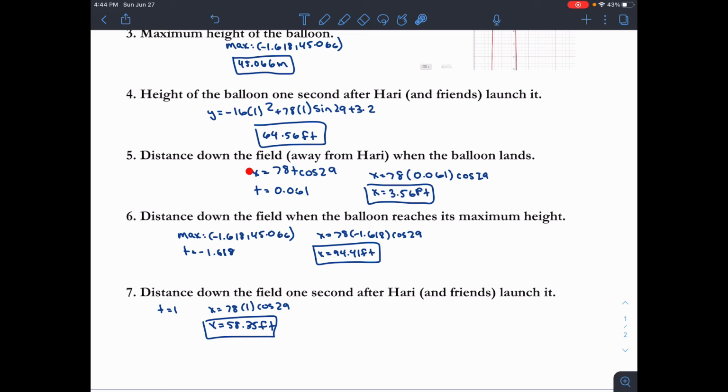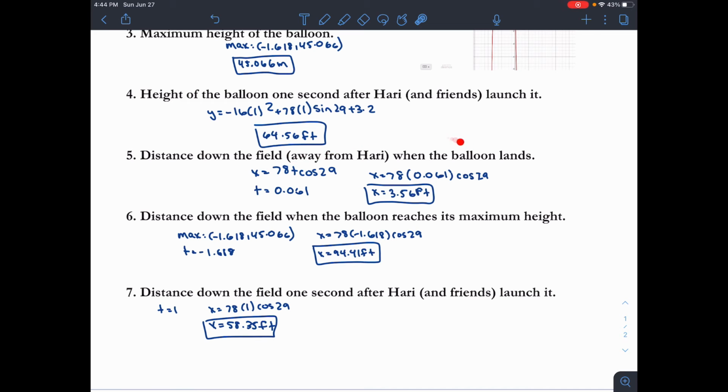Next is the distance down the field. First we have x equals 78t cosine 29. That was our x parametric equation.